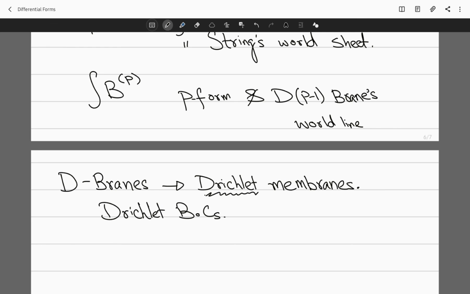On the other hand, we have Neumann boundary conditions, and they correspond to free endpoints. Those free endpoints are moving through space-time at some speed, and that is the speed of light.